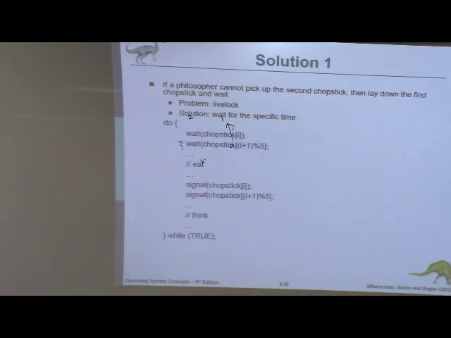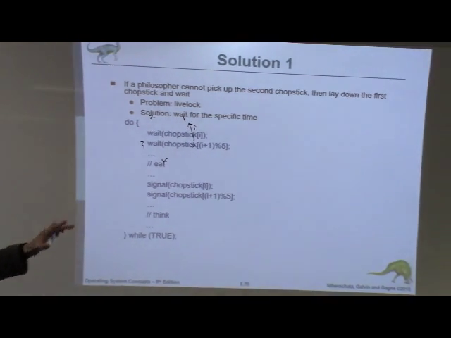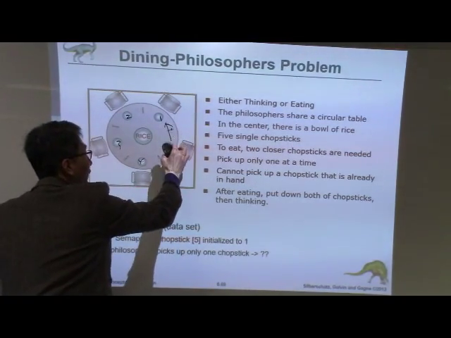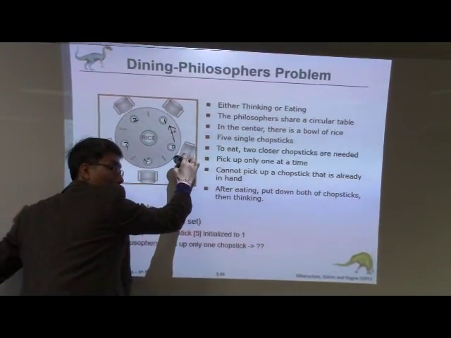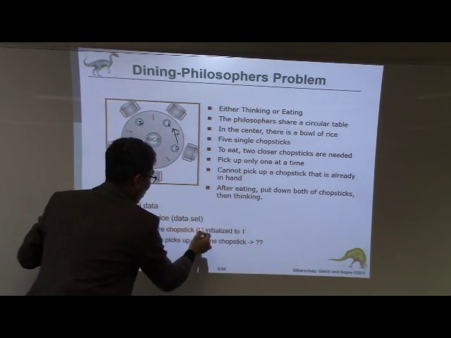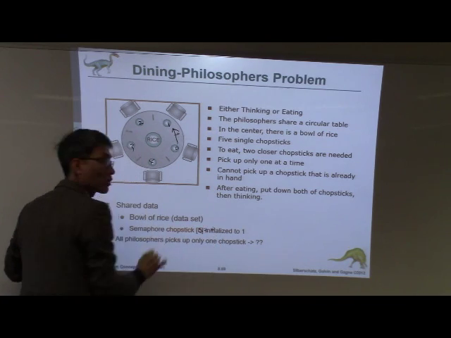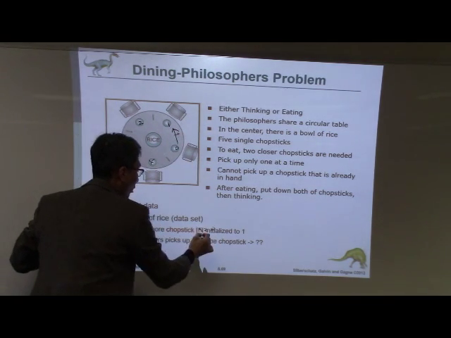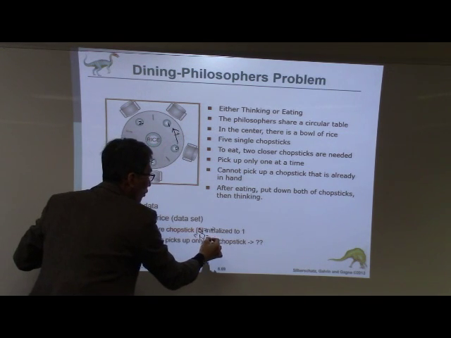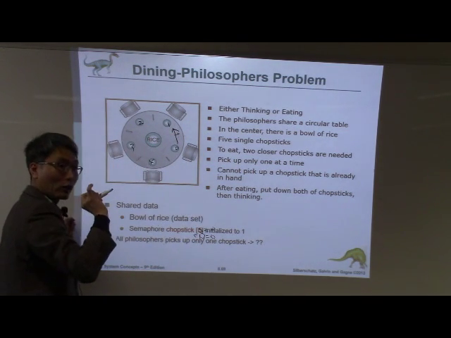Fine. Okay. If, for example, nobody used the chopstick, then this one waits for its own chopstick, so it gets the lock. So chopstick 0 is set as 0. Then plus 1 is chopstick 1. It's currently 1, so we can wait to get the lock.